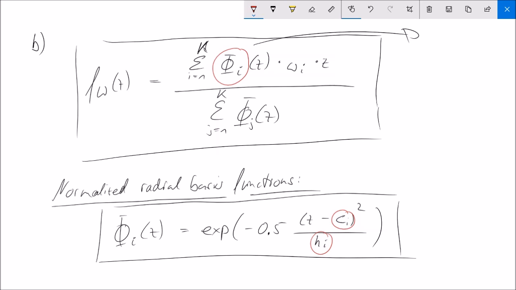And to cover a wide range, we have to choose k radial basis functions, each with different parameters c_i and h_i, so that we can combine them with convenient weights in order to generate a really good forcing function to follow a desired trajectory.